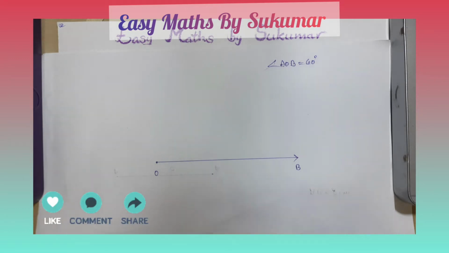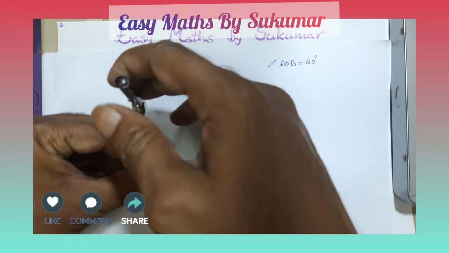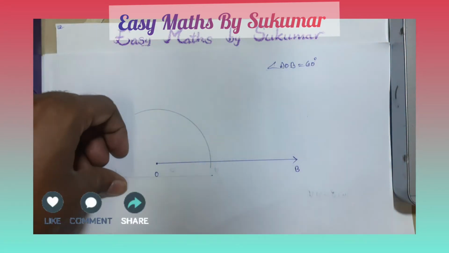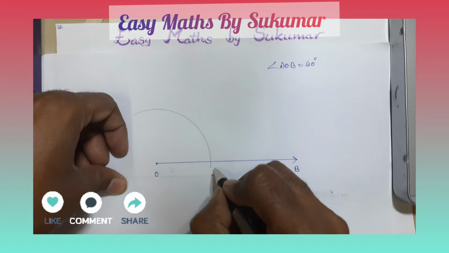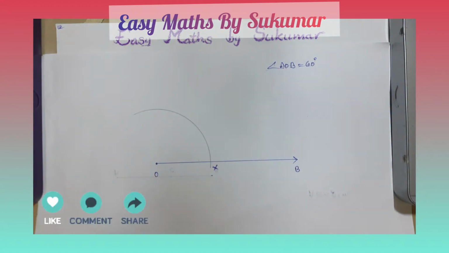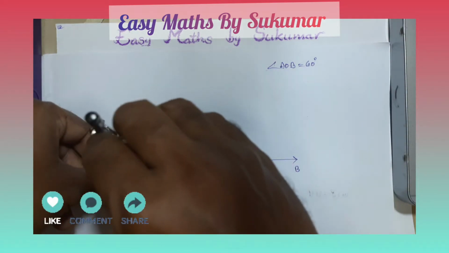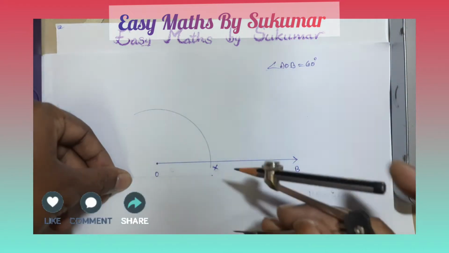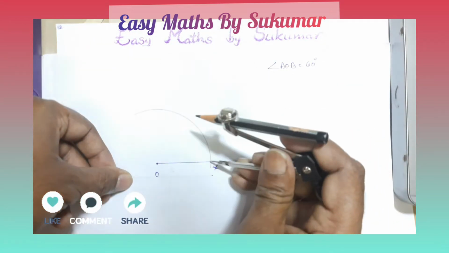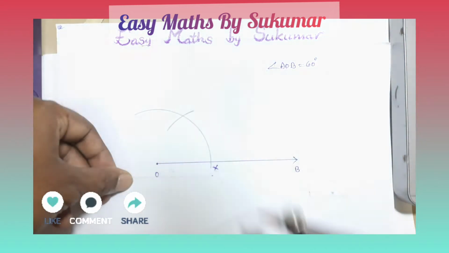Right. And what next, my dear students? Just place this compass at O and draw an arc like this. This arc cuts this OB ray at some X. With O as center, with your convenient radius, draw an arc, and this arc cuts the ray OB at X. With the same radius and X as center, cut the previous arc.